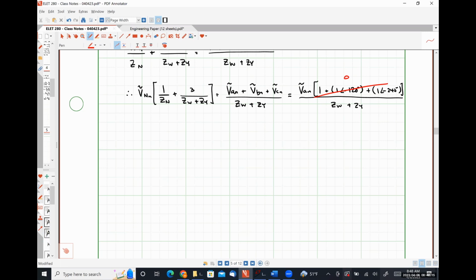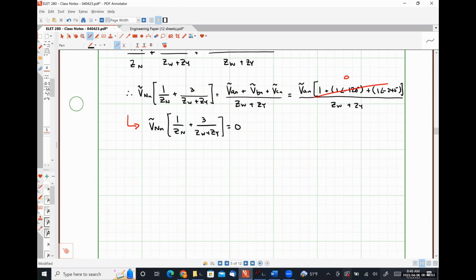So I know that VNN times 1 over the neutral impedance plus 3 over the series combination of the transmission line impedance with the load impedance is equal to 0.